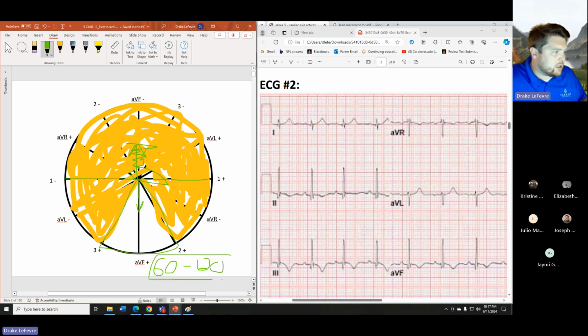Somewhere between 60 and 120 should be our answer, and that's as close as we can get it. So more than likely, the answer choice on a multiple choice test is going to be like 90 degrees, 95 degrees, 86 degrees, something that reflects that it's in the center here somewhere.